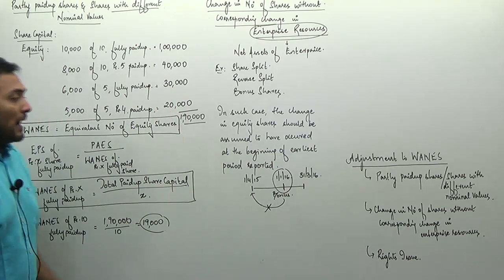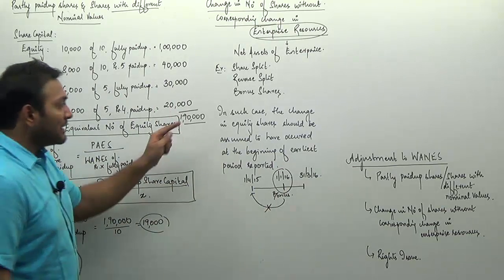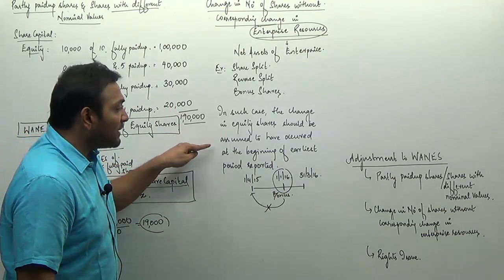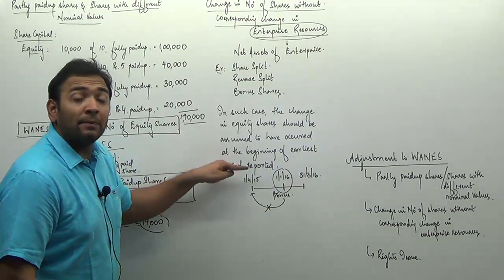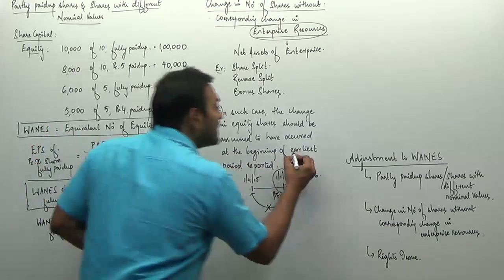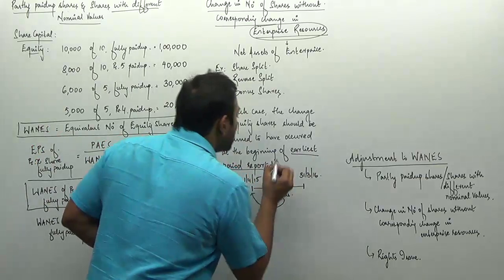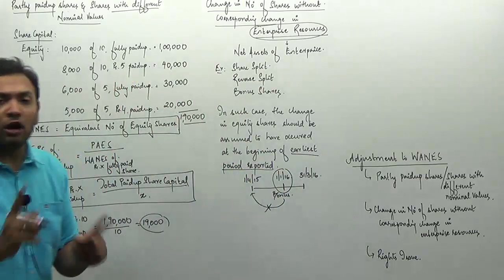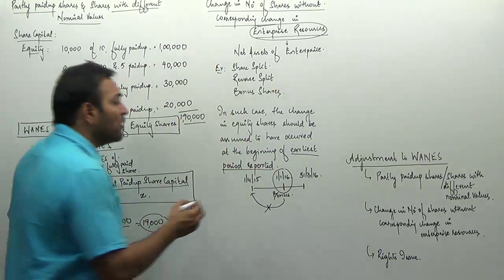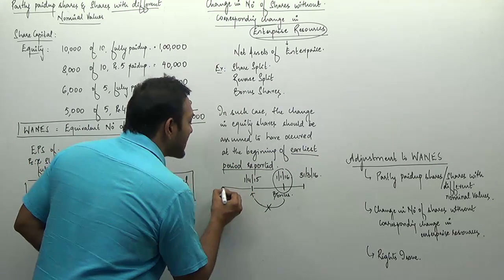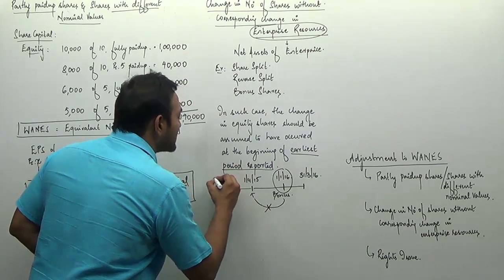No. Read again carefully. Such change in equity shares should be assumed to have occurred at the beginning of the earliest period reported. The earliest period reported is not 1/4/2015, because financial statements are always prepared on a comparative basis.